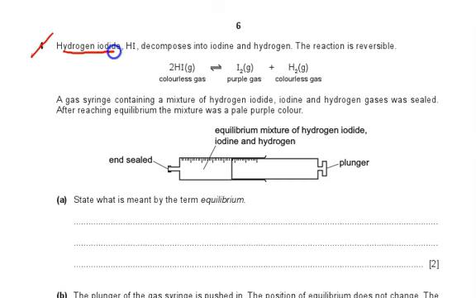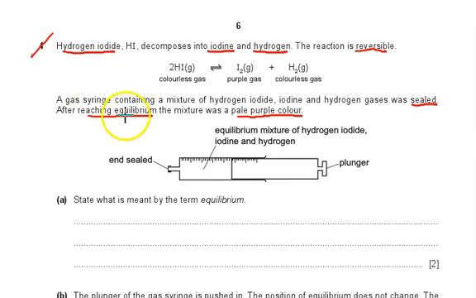Okay, number 4. Hydrogen iodide decomposes into iodine and hydrogen, and the reaction is reversible. A gas syringe contains a mixture of hydrogen iodide, hydrogen and iodine gases. They were sealed. After reaching equilibrium, the mixture was a pale purple color.